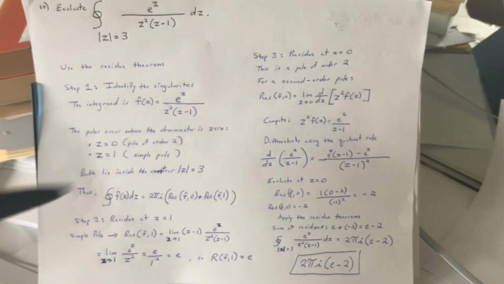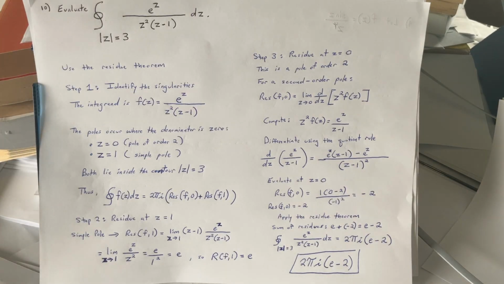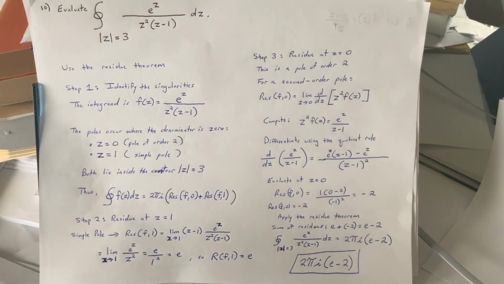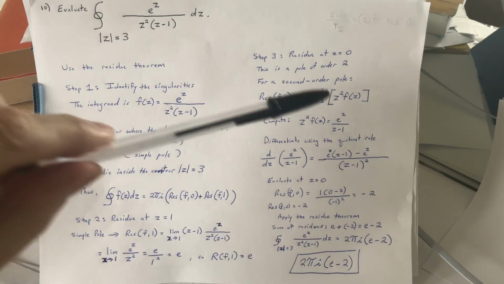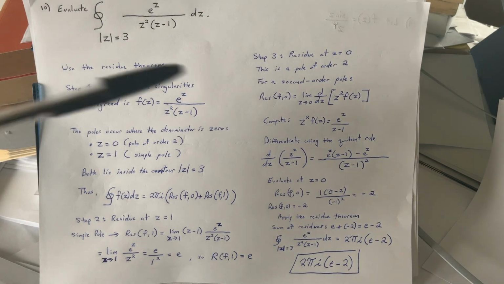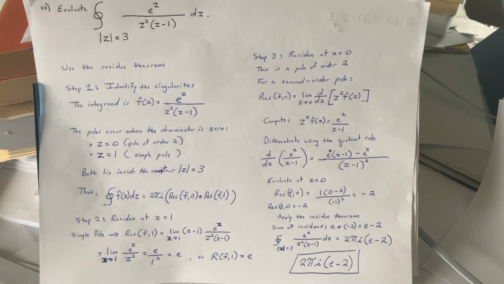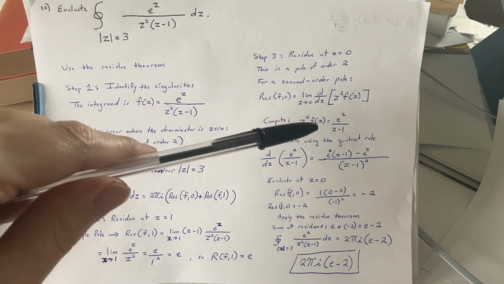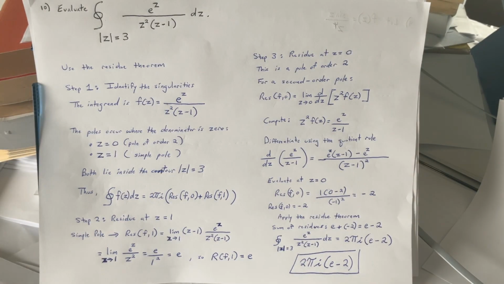So for a second order pole, the residue of f at 0 is the limit as z approaches 0 of the derivative with respect to z of z squared times f of z. When we compute z squared f of z, it equals e to the z over z minus 1.